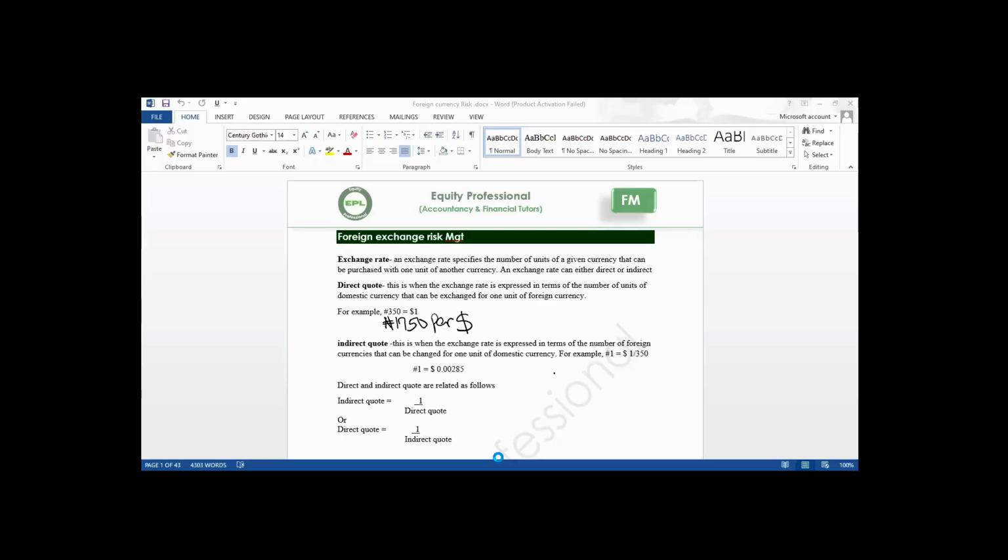Each individual country has its own currency. The currency of Nigeria is Naira. The currency of Ghana, cedis. The currency of South Africa, rand.